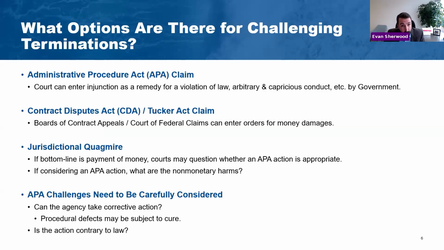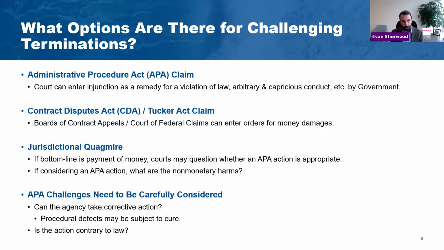One of the other reasons it's difficult to challenge a termination is that it's not just hard to come up with a substantive reason to challenge the termination, but it can also be difficult to find a procedural pathway to challenge a termination. Federal court jurisdiction is limited, as we probably all learned in law school.